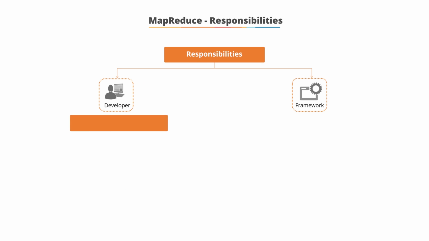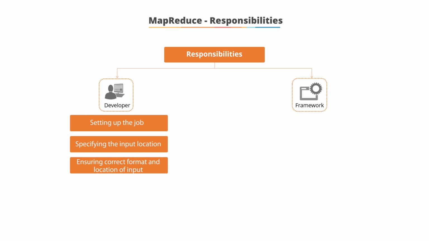Let's look at MapReduce responsibilities. The basic user or developer responsibilities of MapReduce are: 1. Setting up the job, 2. Specifying the input location, and 3. Ensuring that the input is in the expected format and location.